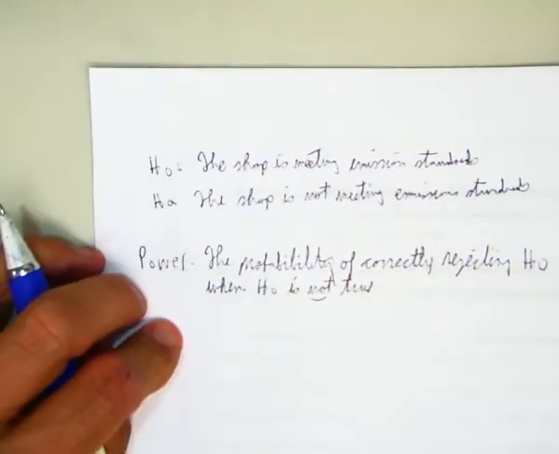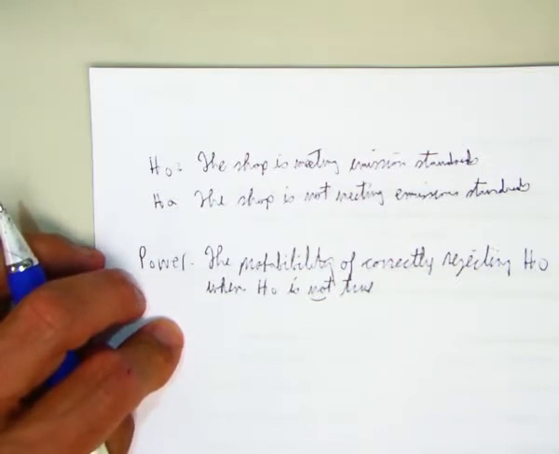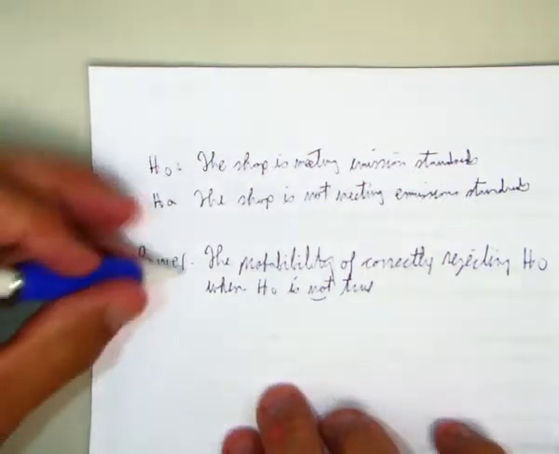Okay? So in this case, what is power? Well, it's the probability of correctly determining that the shop is not meeting emission standards. Okay? So that's what power is.